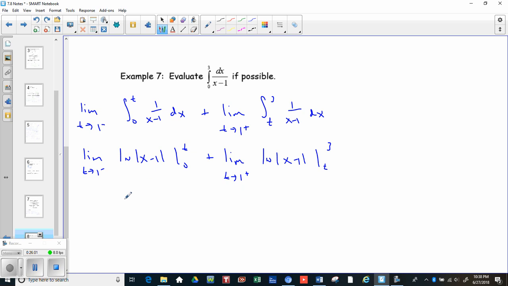Plugging in the values, we get the limit as t approaches 1 from the negative side of natural log absolute value of t minus 1 minus natural log. If I plug 0 in here, I get the absolute value of negative 1, which is 1, plus limit as t approaches 1 from the positive side. Natural log absolute value of plugging in 3, I get 2, minus natural log absolute value t minus 1.